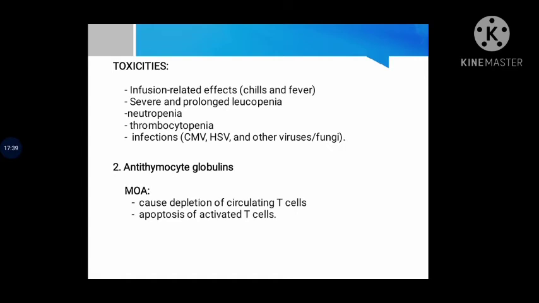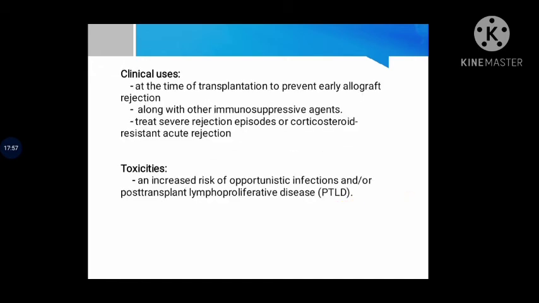So the next one belonging to antibodies is anti-thymocyte globulins. Its mechanism of action is they cause depletion of circulating T cells and apoptosis of activated T cells. So the clinical use of this drug is a primary use at the time of transplantation to prevent early allograft rejection, along with other immunosuppressive agents.